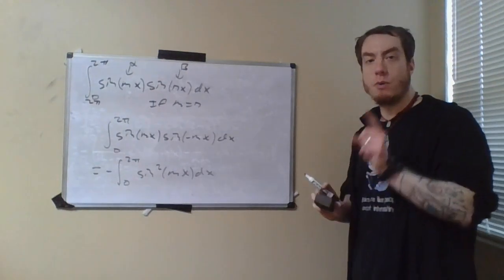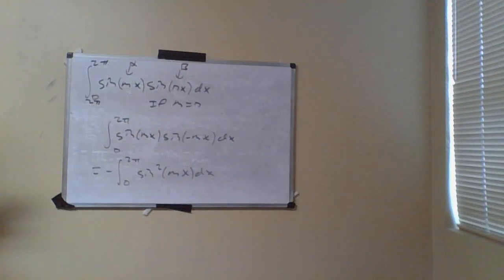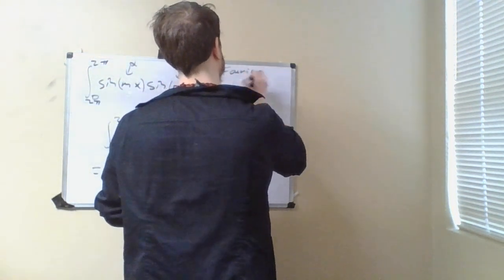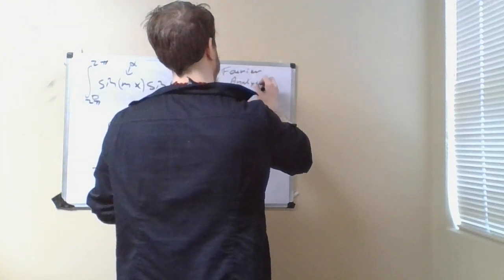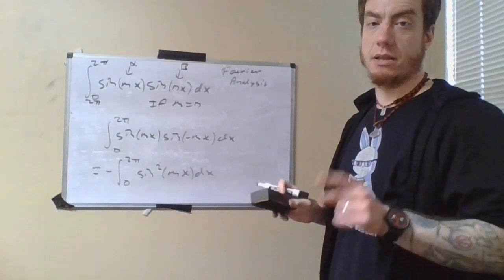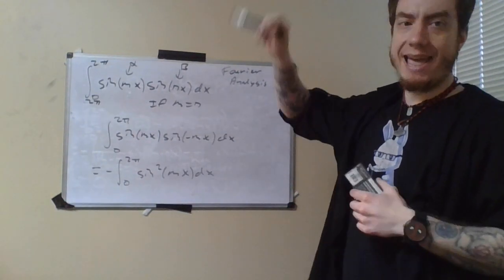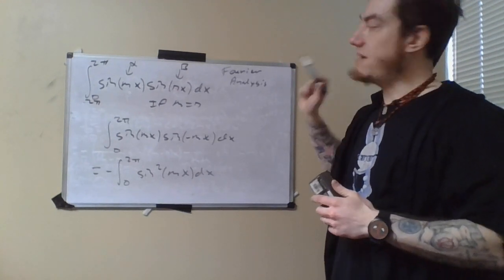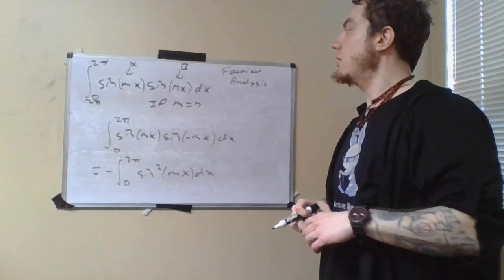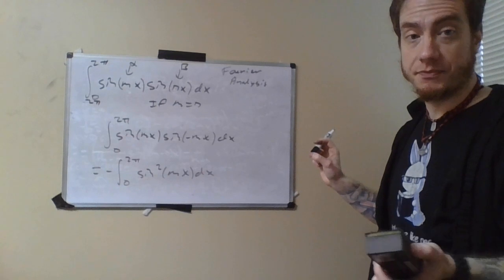This actually leads to a really important thing in mathematics. There's a branch of mathematics known as Fourier analysis. And what it amounts to, and we'll talk more about this sort of thing later on, is the fact that any periodic function can be expressed as a limit of some kind of sum of sines and cosines.